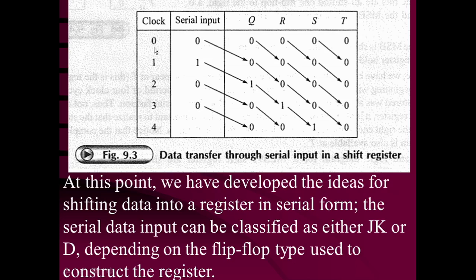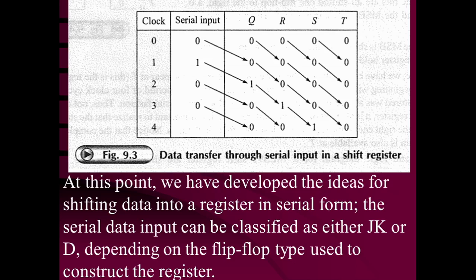Prior to any clock pulse, all the flip-flops are going to be cleared. That means the output of Q is going to be 0, output of R is going to be 0, output of S is going to be 0, and output of T is going to be 0. So before any clock edge occurs, all the flip-flops are going to be reset, or cleared. Now, when the negative edge of the first clock cycle occurs at the stop time A, what happens?